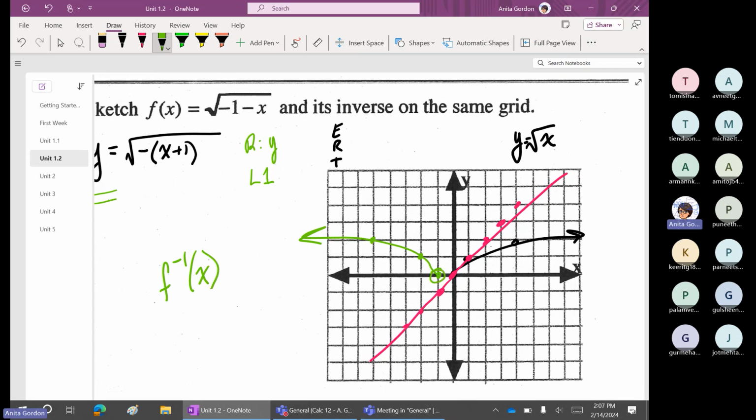Where is this point? What's the coordinate right now? Right now it's at -2, 1. We're switching the positions of x and y. This is at -5, 2. Where is it now? Okay.